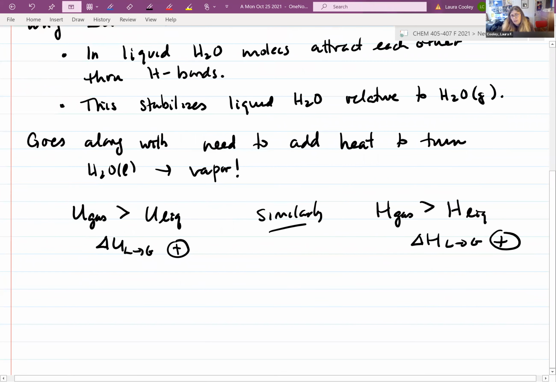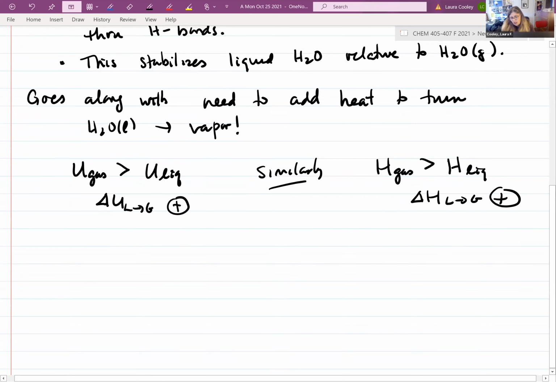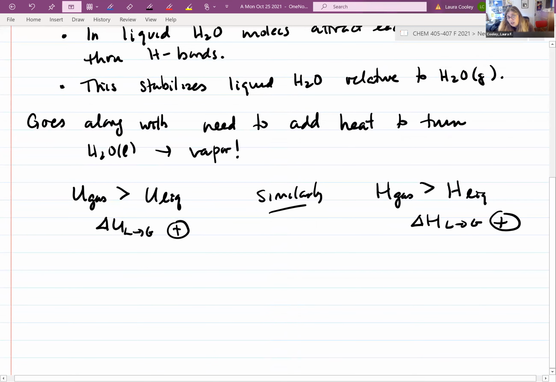So, if you think, oh, I kind of understand internal energy, but I don't really understand enthalpy. It's a strange word. What does it really mean? Really, it's got the same stuff in it as internal energy. The only difference is that there's this little bit of work, or sometimes substantial amount of work, that separates the two.